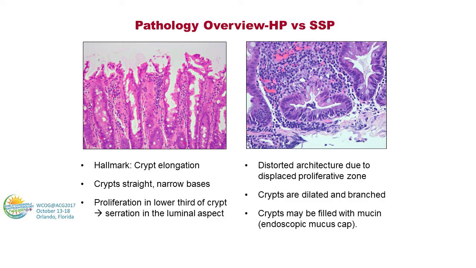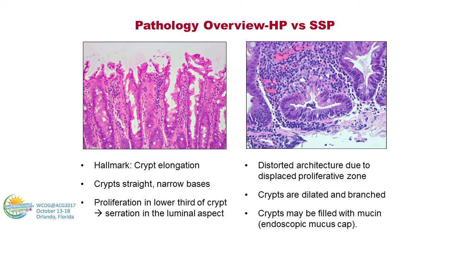Briefly, hyperplastic polyps and SSPs can be distinguished histologically. In hyperplastic polyps, the crypts are elongated and straight with narrow bases. Proliferation occurs in a somewhat orderly manner. The proliferative zone is in the lower third of the crypt, and then the serration occurs in the luminal aspect. With sessile serrated polyps, this proliferative zone is actually displaced laterally.